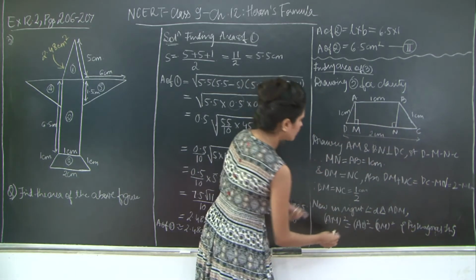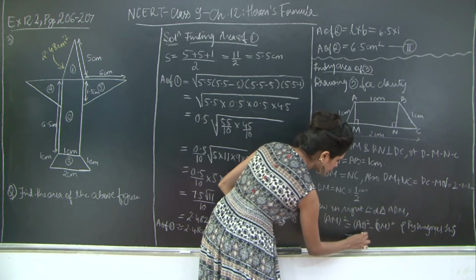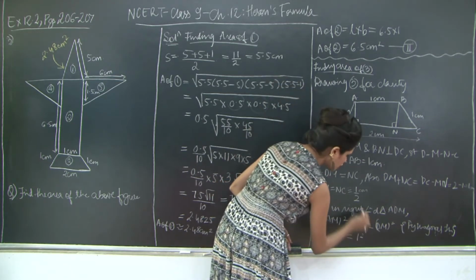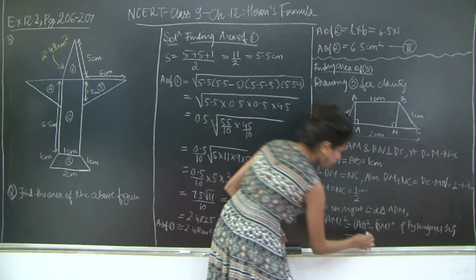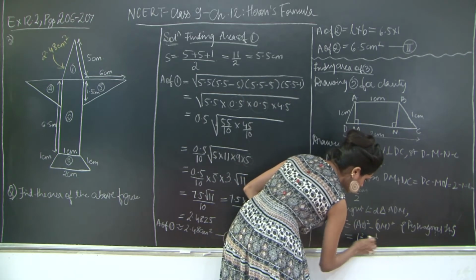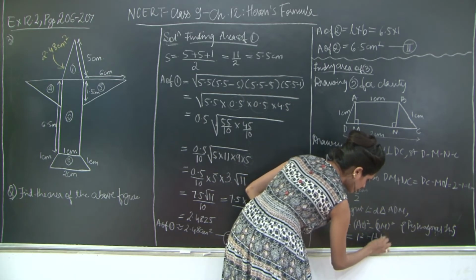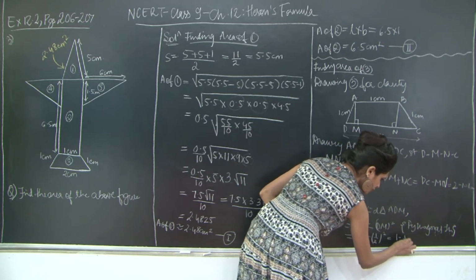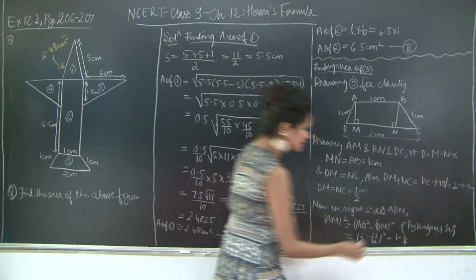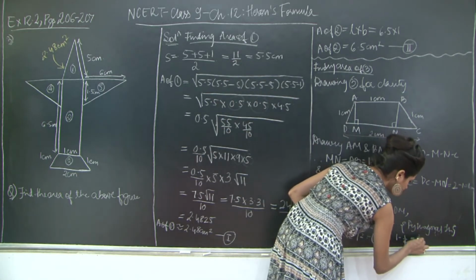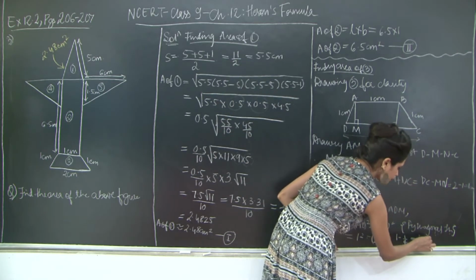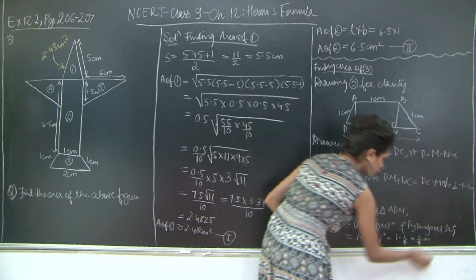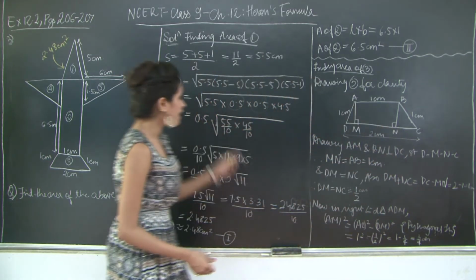Right? So AD is how much? AD is 1 square and DM was how much? Over here, half. So this will be 1 upon 2 square, which is equal to 1 minus 1 upon 4. So 1 minus 1 upon 4 is 3 upon 4. Right? 3 upon 4 centimeters. But this is AM square.